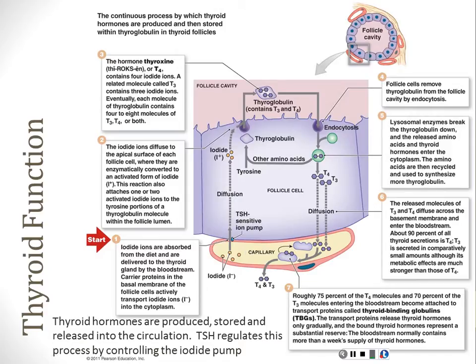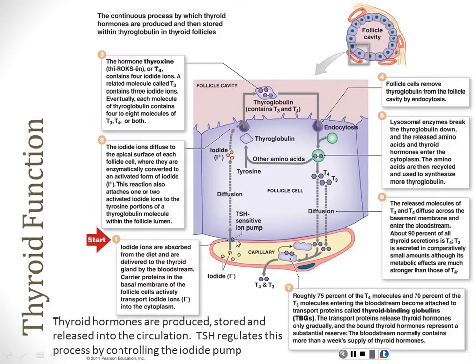More iodide in, more hormone production, because iodide is the rate-limiting step of thyroid hormone production. So you remember from chemistry, I hope, the rate-limiting step is the reaction that is the slowest in a series of reactions. Well, in this case, the rate at which iodide can be pumped in is the rate-limiting step.